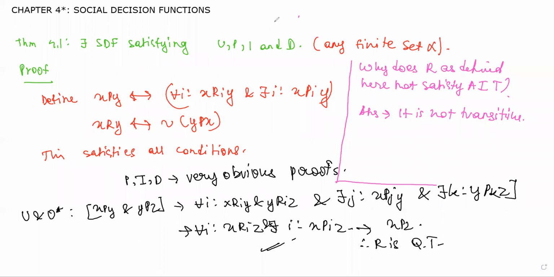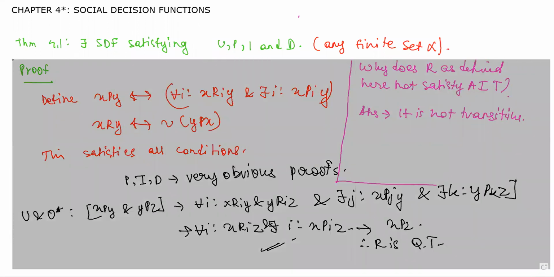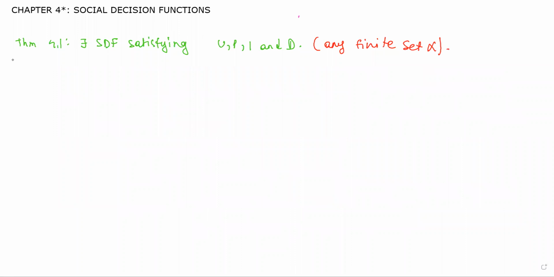Right? Now, as it turns out, we can actually strengthen this theorem further. So we define a few new conditions which we will impose. And in fact, we'll actually strengthen certain conditions. Let's see. So we will define two new conditions.